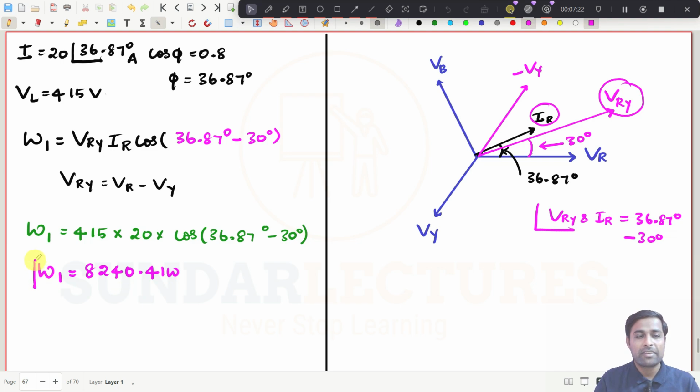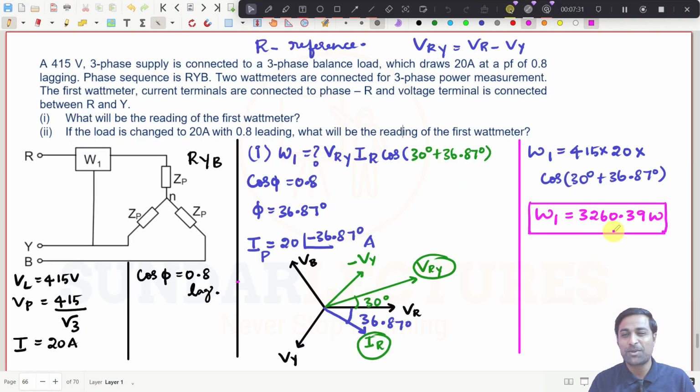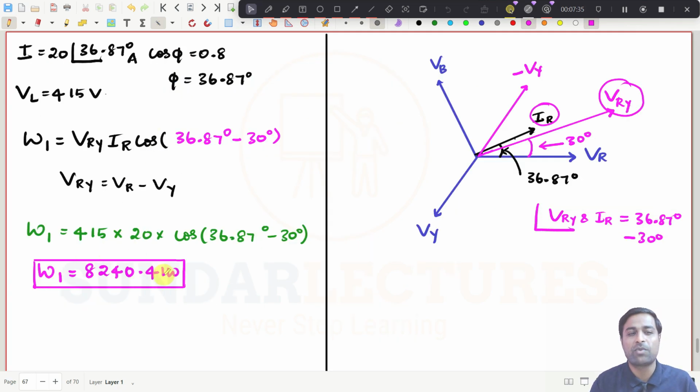See here, this is the final answer. See how much of a difference it makes, right? It is 8240 here, it is 3260 if it is lagging power factor, and if it is leading, wattmeter 1 reads this many watts.